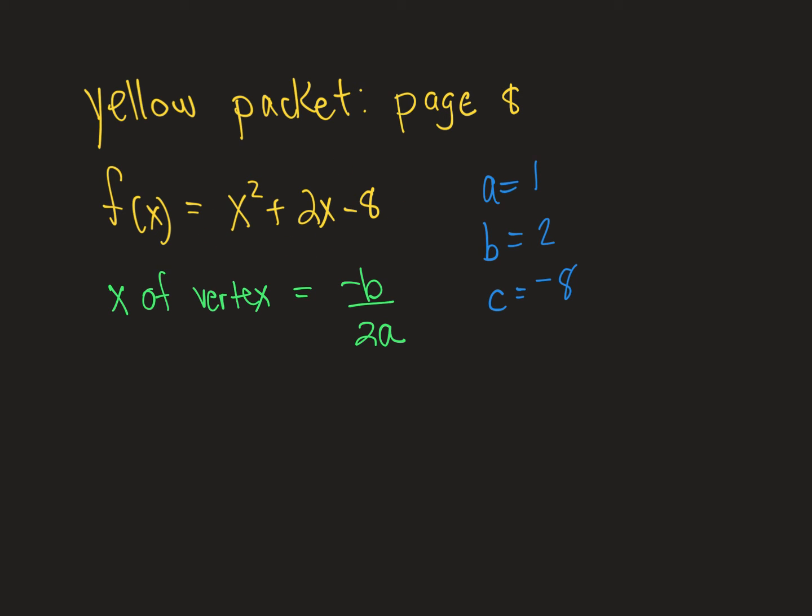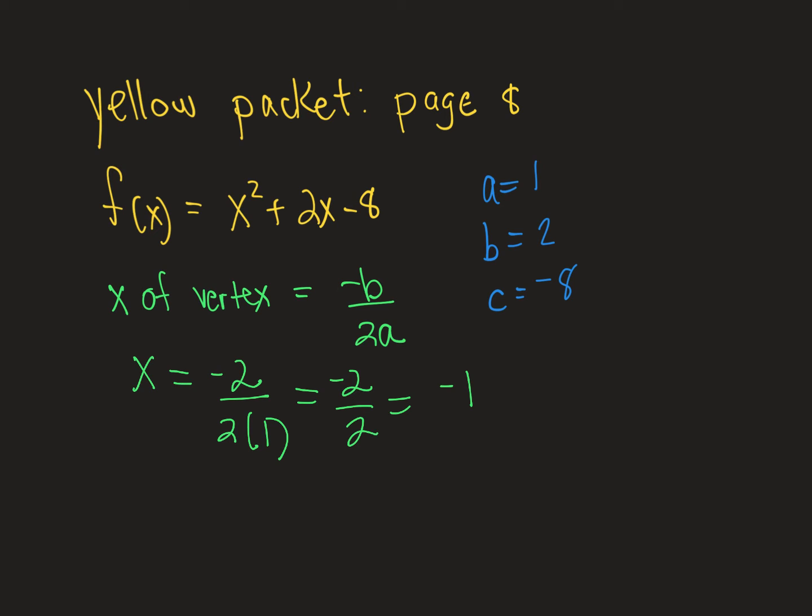Step 2 was we identified our A, B, and our C. If we look at step 3, we're going to use this formula to find the x-coordinate of the vertex. So I'm going to substitute that x is equal to the opposite of b divided by 2 times a. And so that is going to give me that the x-coordinate of the vertex is -1.